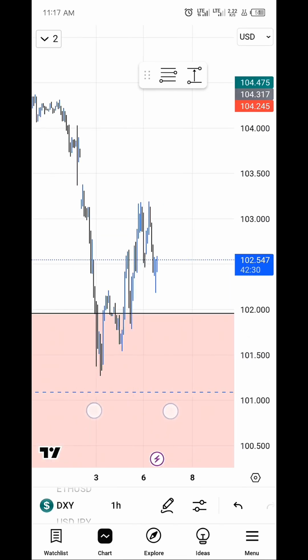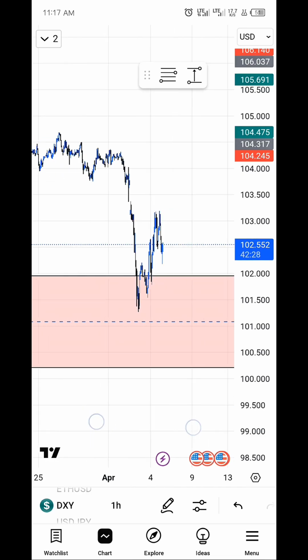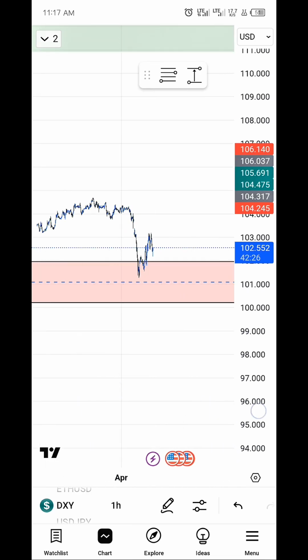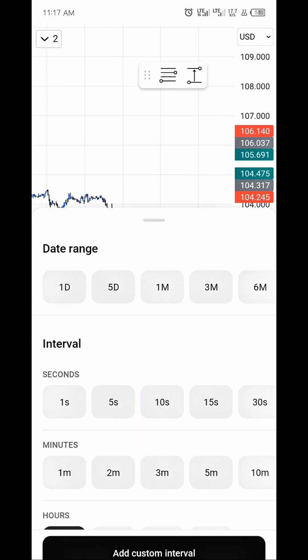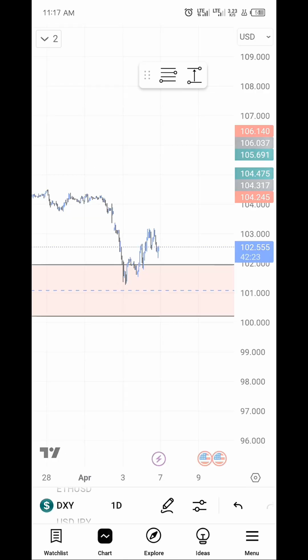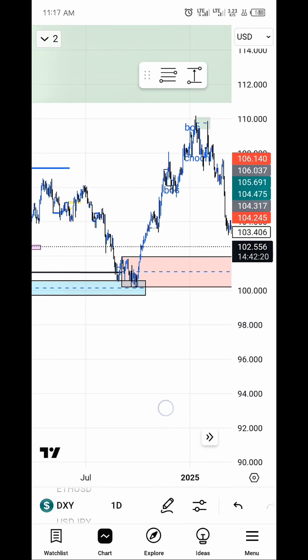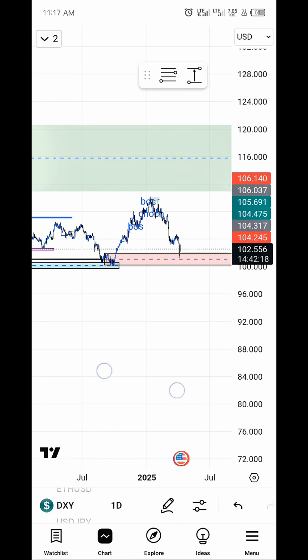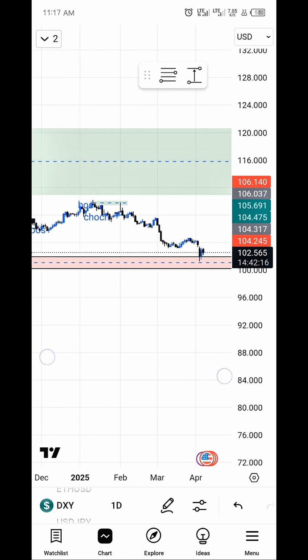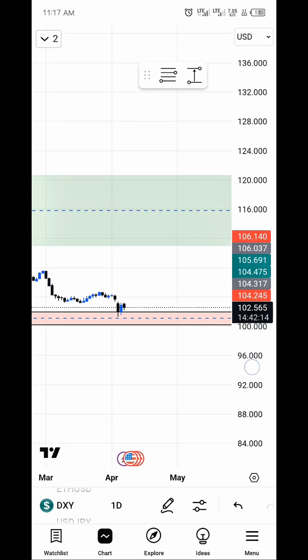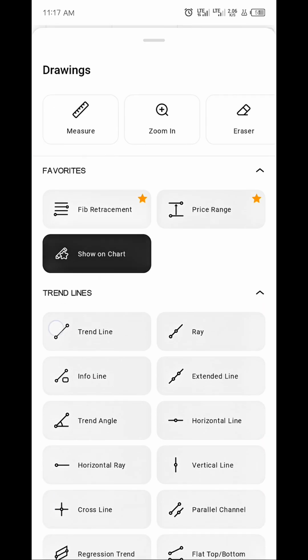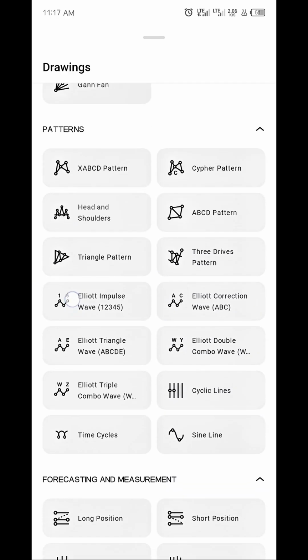So when we go to the DXY, which is like the index for the dollar, we are seeing that it's also reacting from a higher time frame demand zone. So this means that if the DXY is buying, then we are going to be selling the Euro USD. Yeah, so I don't see any other better way of approaching this than in this way, guys.